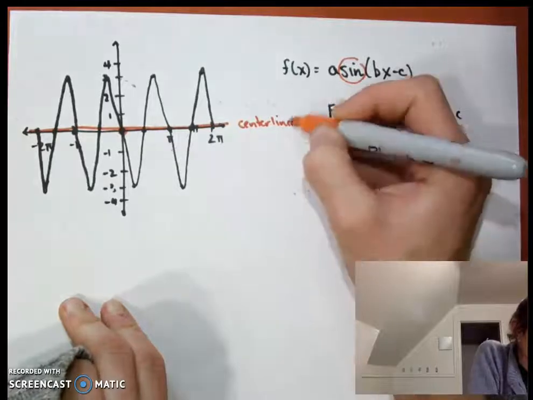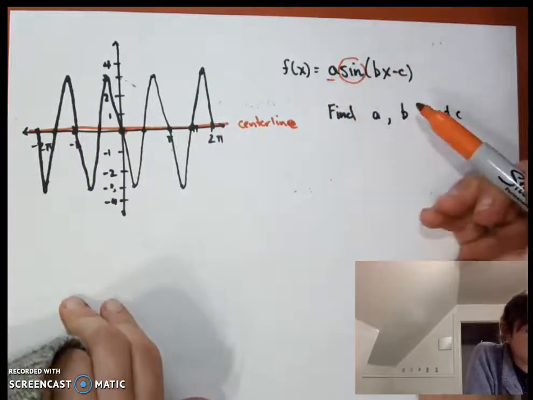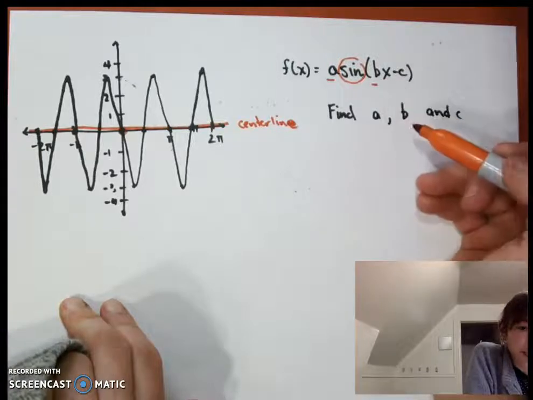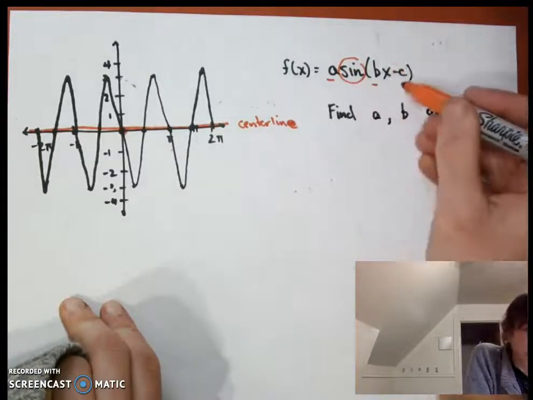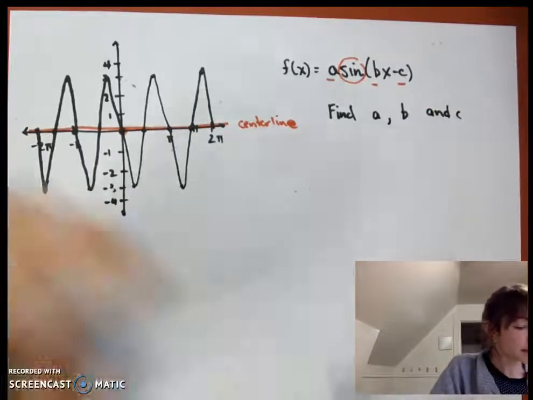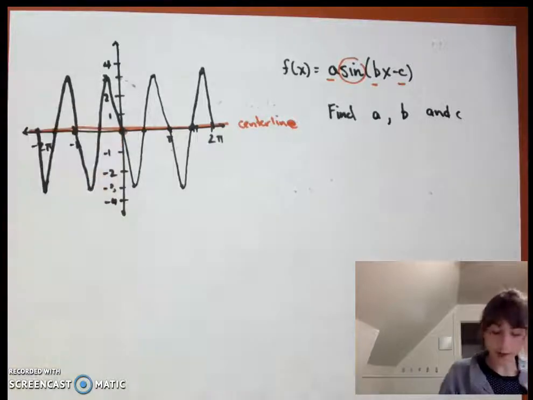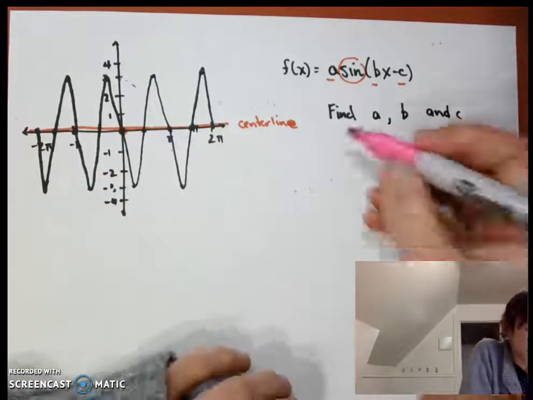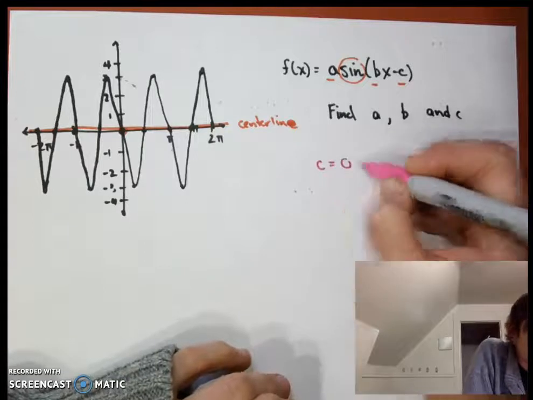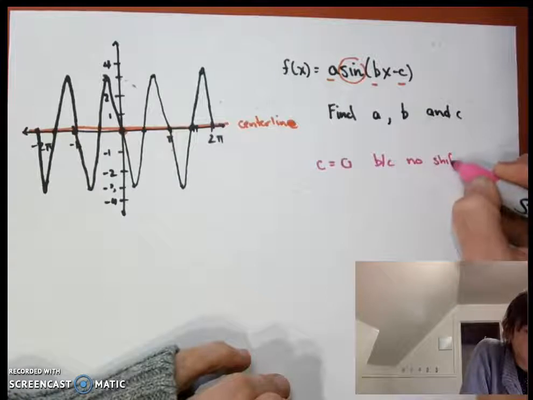So in this case, there's no d. So we need to find the amplitude, b, how related to the period, and c, any left or right shifts. But notice that the normal sine function also starts at 0, 0. So we can very quickly see that c equals 0 because there's no shift left or right.